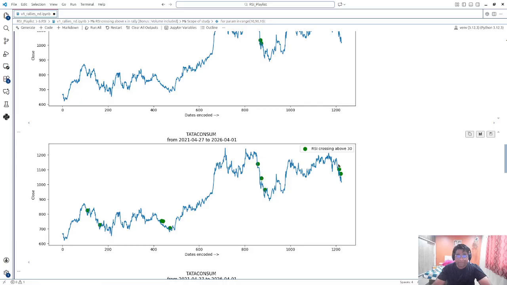Most of the dots are appearing on the correction side. During correction or during a fall, RSI crosses above 30. Not a single point is on the left side, that is, during the rallies. Do you see any point here?